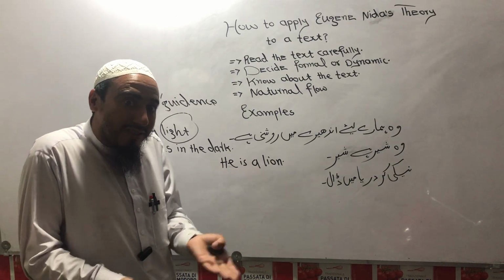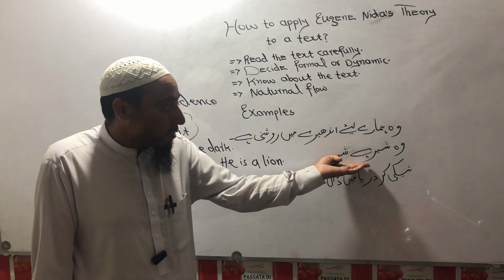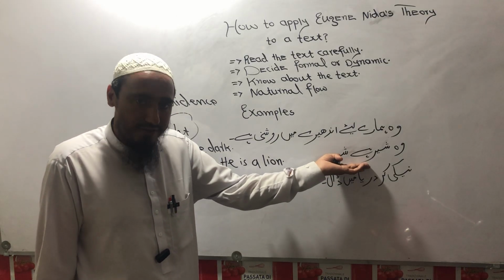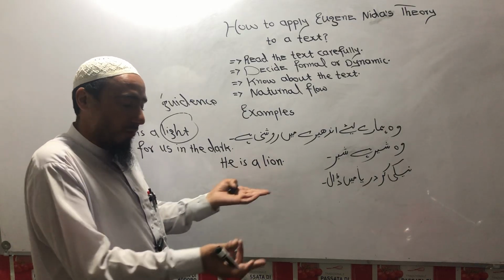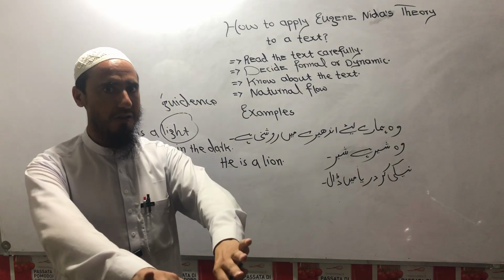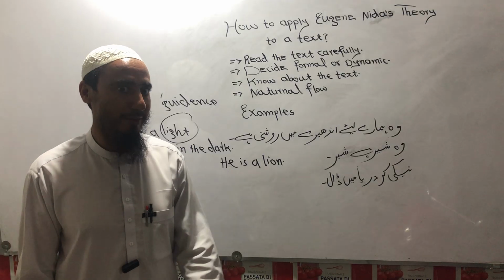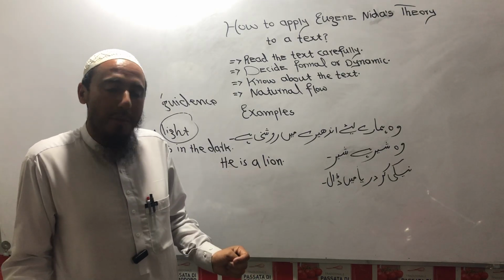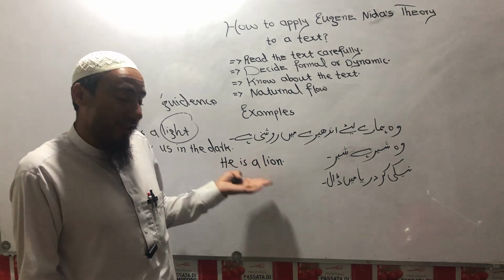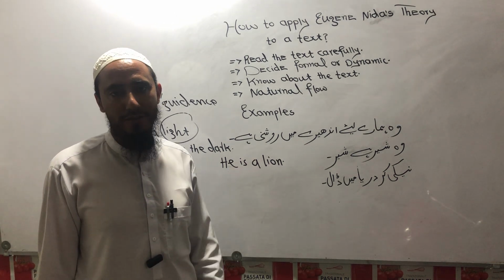However, this message is already clear to the original Urdu readers. They understand it. What does it mean? It means they know what is meant by lion here. It does not mean that I'm talking about an animal. No, I'm talking about a human being. I'm referring to someone, that he has the quality of a lion.